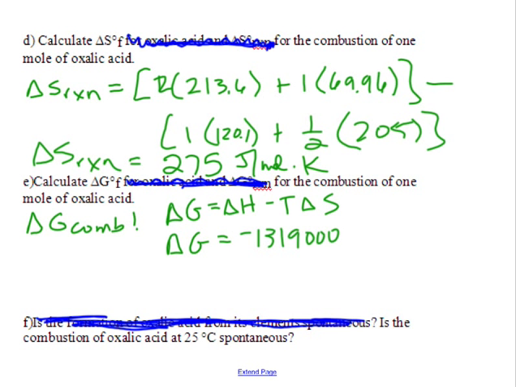Is that correct? Minus the temperature, 298, and then delta S is 275 joules per mole K. And you're definitely going to get something different than these guys got because they used a different H.